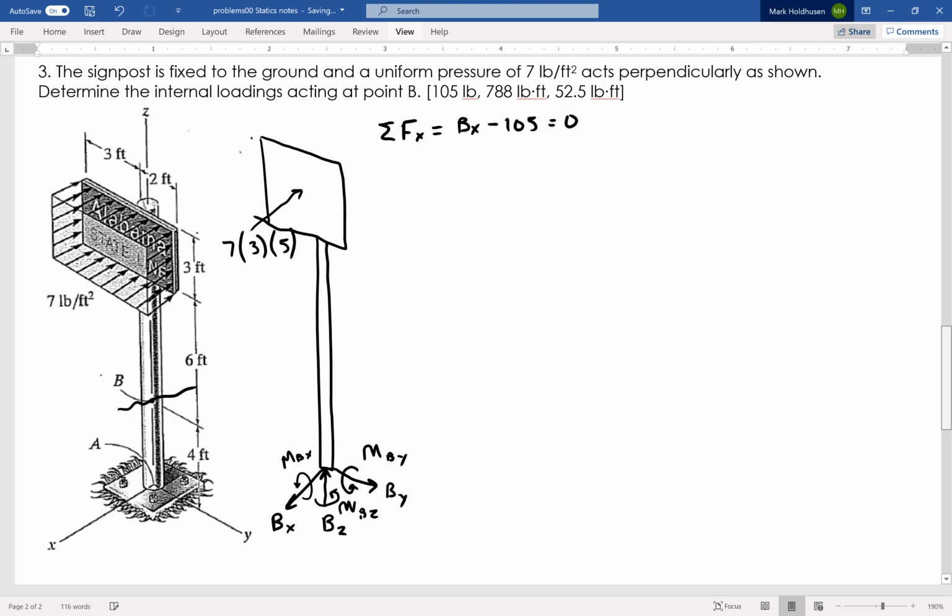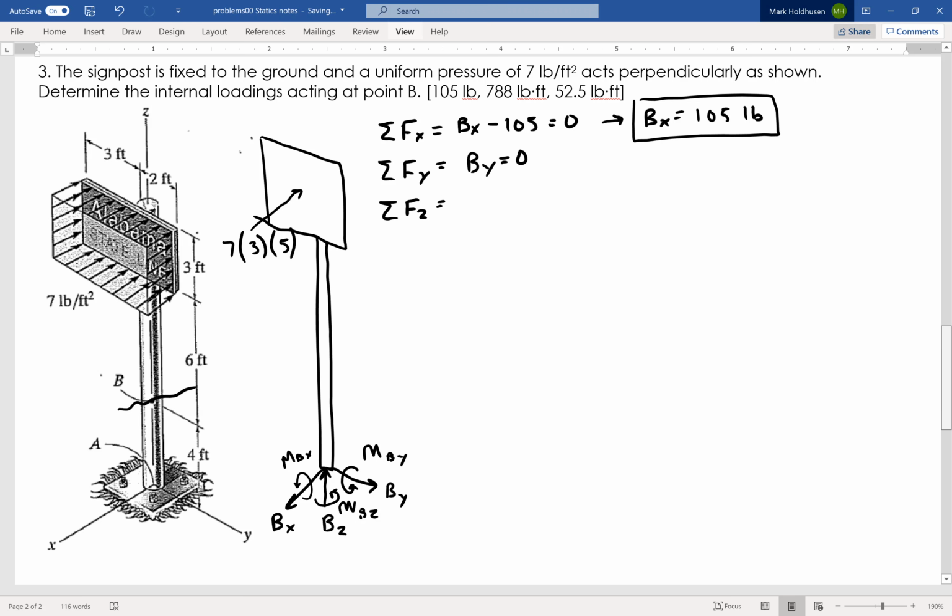That means that the shear force in the x direction is in the positive x direction and equals 105 pounds. Now the easy ones: summing the forces in the y direction, I don't have any other applied load, so that's going to say that By equals 0, and it's also going to say that Bz equals 0, again because we're neglecting weight.